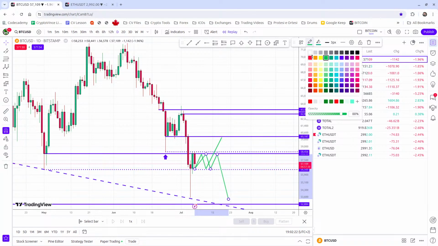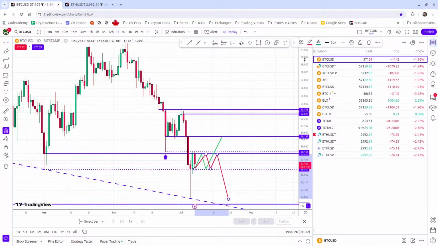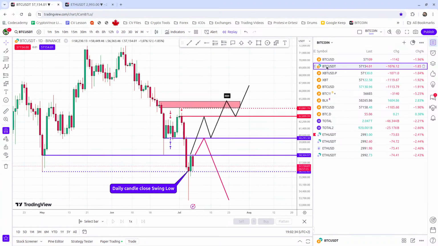I mean, I'm not a magician. I don't know what it will do until this happens. We have to see price action in order to confirm things.